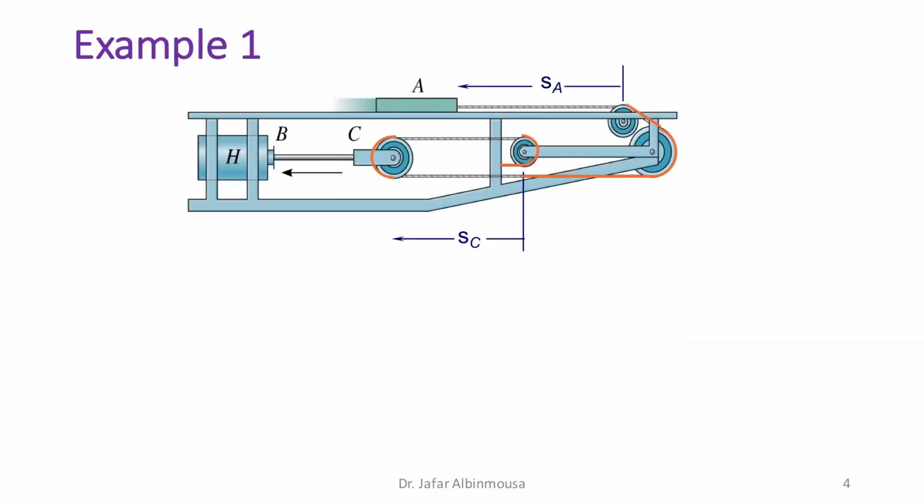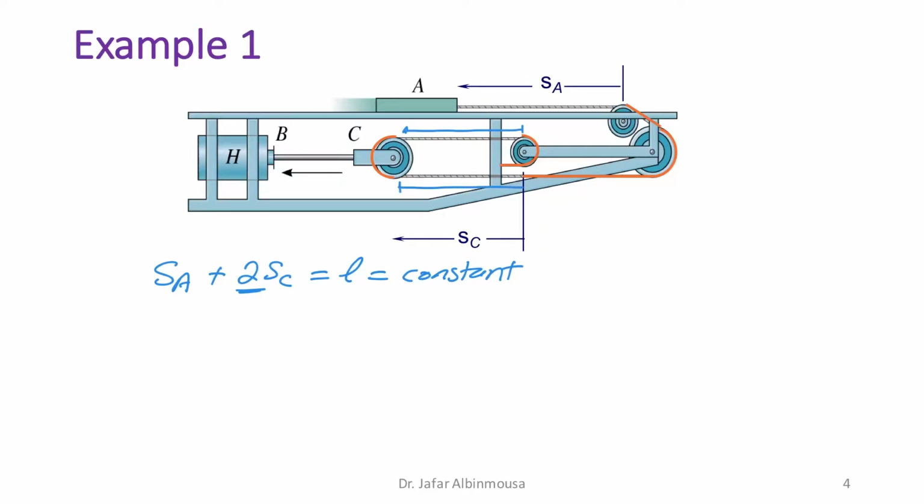So as we said, we are now ready to write down the chord equation, which is SA plus 2SC equals L, which is constant. Why 2? Because we simply have two segments. That's segment number 1 and that's segment number 2.